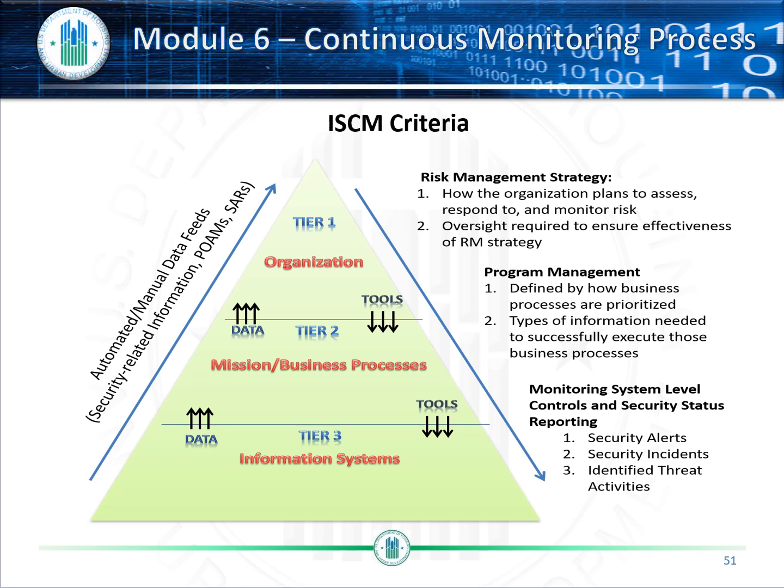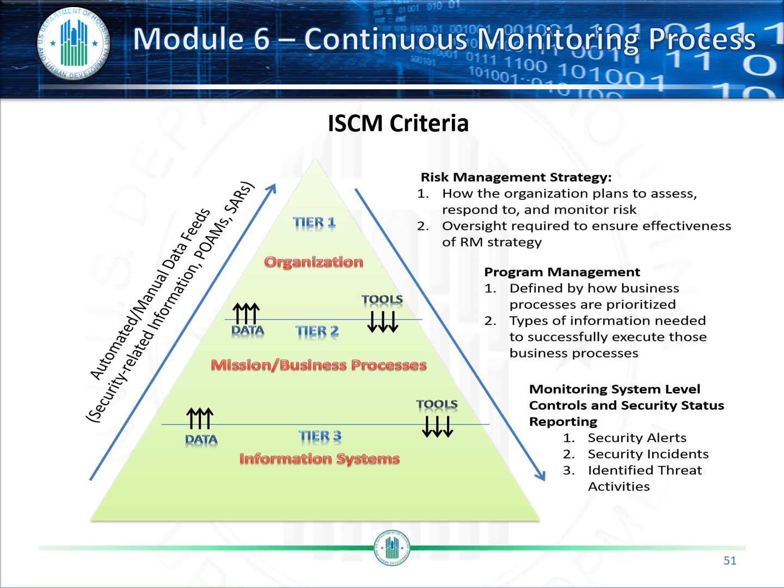ISCM is defined as maintaining ongoing awareness of information security, vulnerabilities, and threats to support organizational risk management decisions, and begins with leadership defining a comprehensive ISCM strategy encompassing technology, processes, procedures, operating environments, and people.